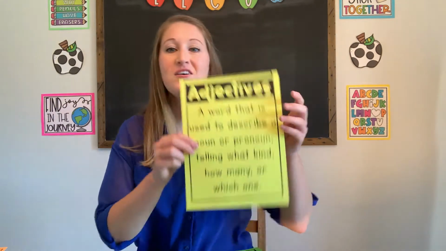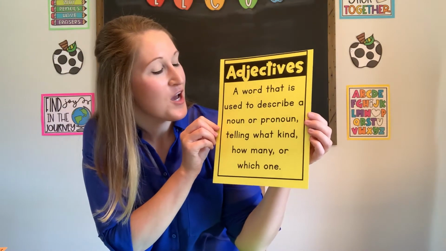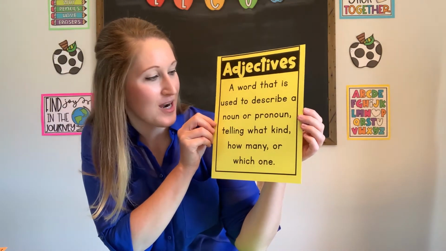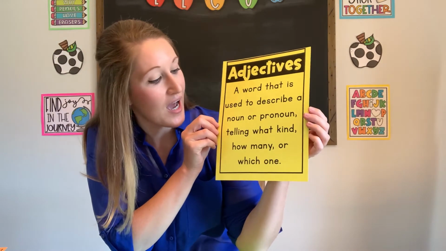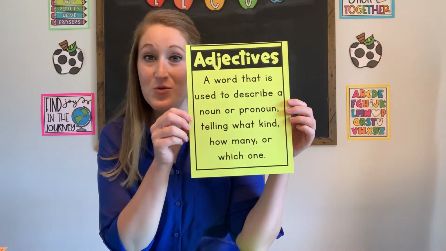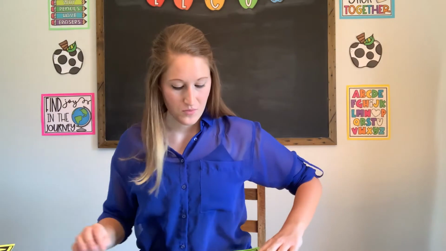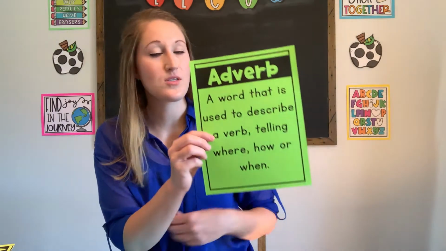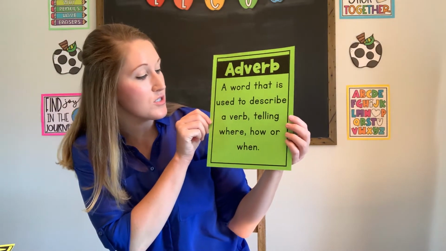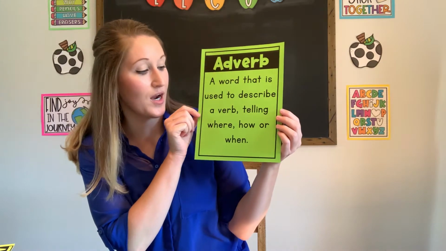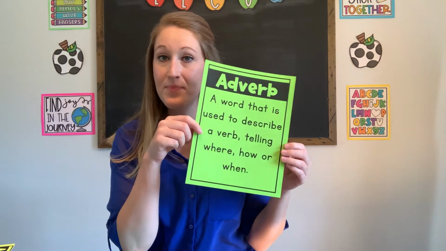We've talked about adjectives, a word that is used to describe a noun or pronoun, telling what kind, how many, or which one. And we've talked about adverbs, and those are words that are used to describe verbs, telling where, how, or when.